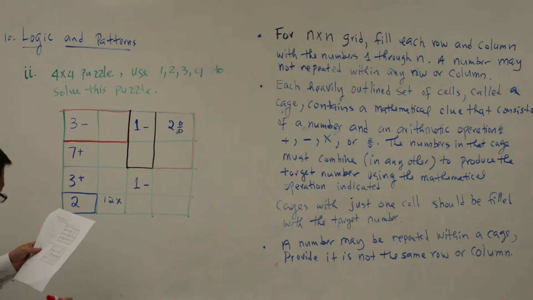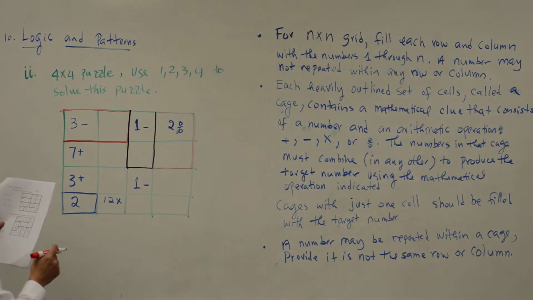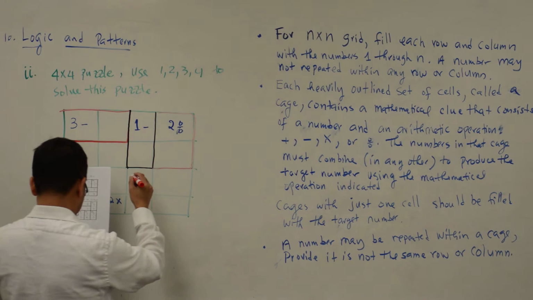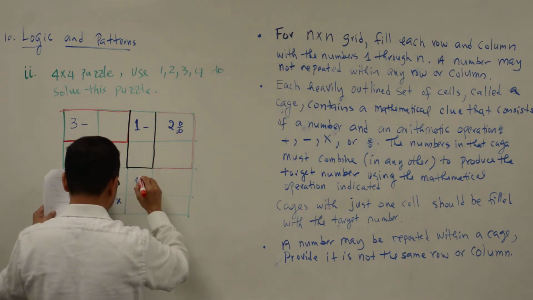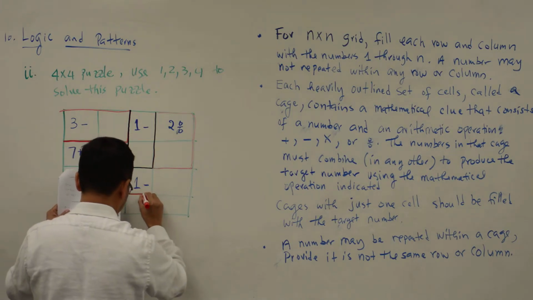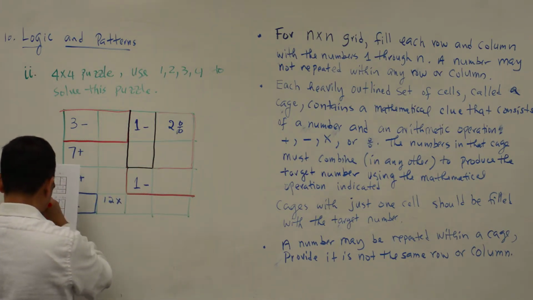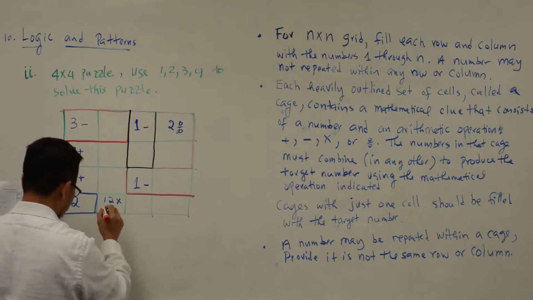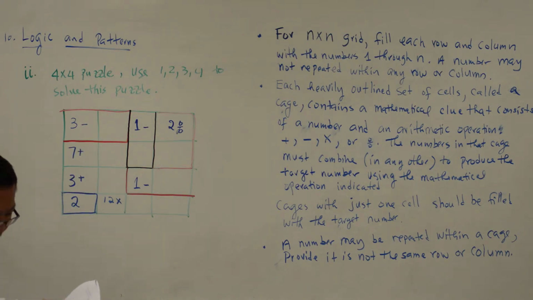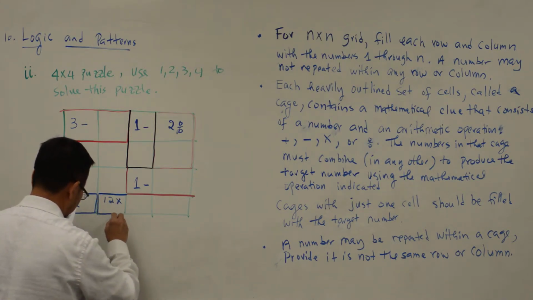Okay. Now we have for 1 minus, that's from here to here, the cage of that is from here to here. Okay, then we have 12. 12 is the whole thing. Have a 3 column, 3 cage here. So this is 12.